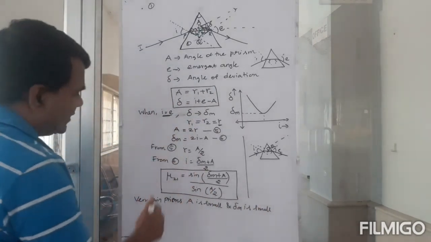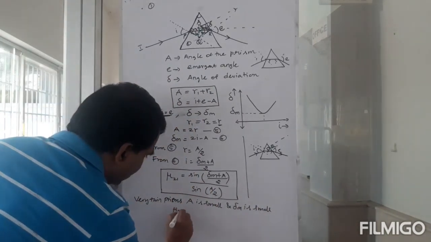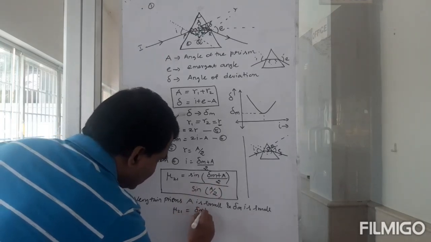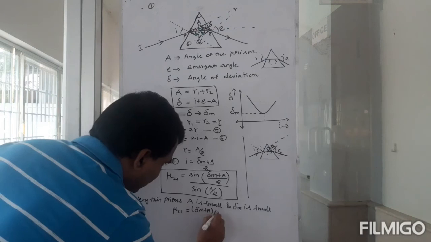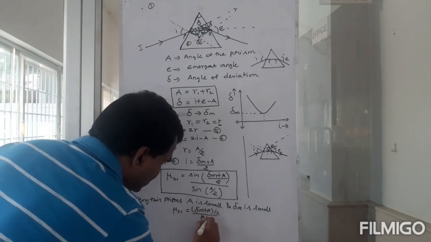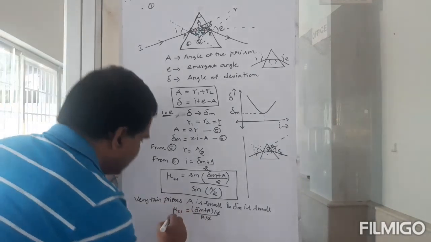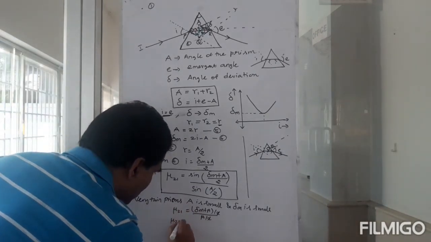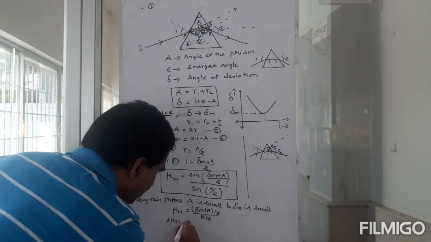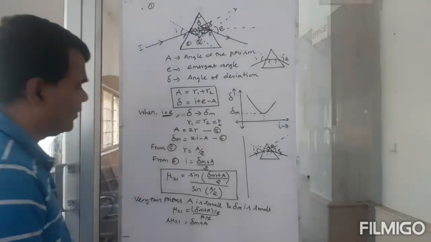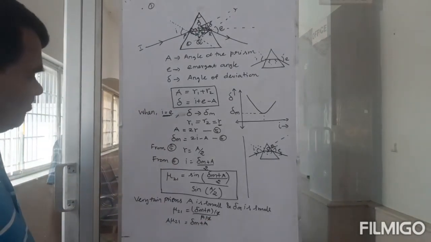So I can drop the sine, so I will get mu21 is equal to (delta M plus A) by 2, divided by A by 2. The 2 will cancel. And then if I rearrange things, mu21 times A is equal to delta M plus A.